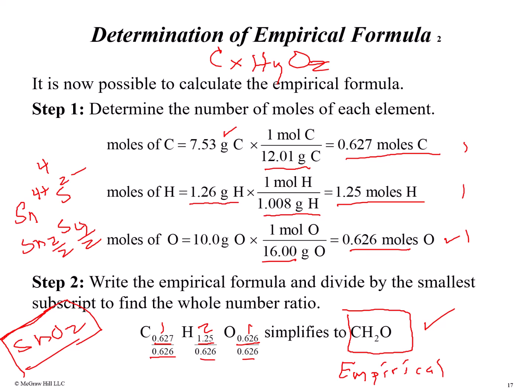The main thing here is that these have to come out to be whole numbers. If after you divide through, it comes out to something like 1.5, and this is 1, don't round this. This is an improper fraction. This is 1.5, which is 3 halves. And so you have nitrogen 3 halves and oxygen 1.